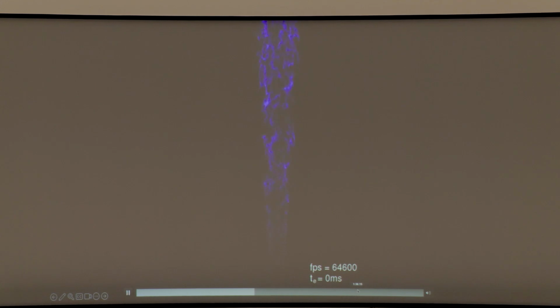This movie is too long anyway, but what you see here in this large eddy simulation is that it looks like all the turbulence is still there, but it turns out it's only the large-scale turbulence that's still there. The small-scale turbulence we don't resolve. And maybe I'll show you this a little later.